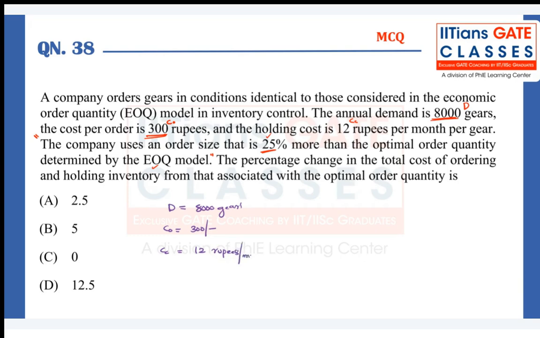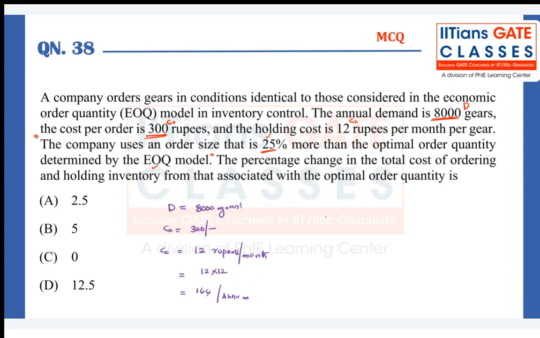Just convert this value to per annum, right? 12 into 12, such that it is going to be 144 per annum, right? Because the demand is per annum, the carrying cost is also per annum. Next, everything is given now.